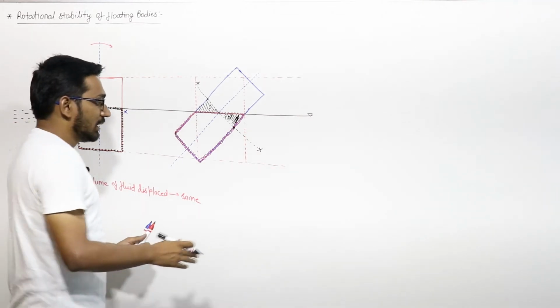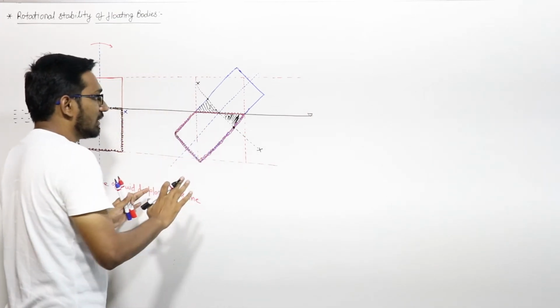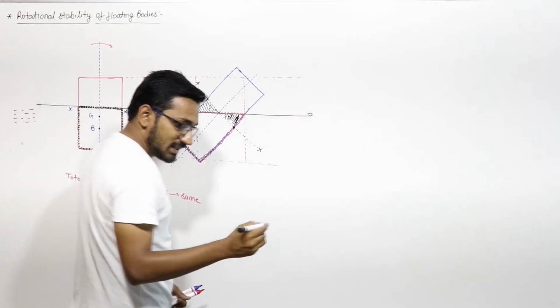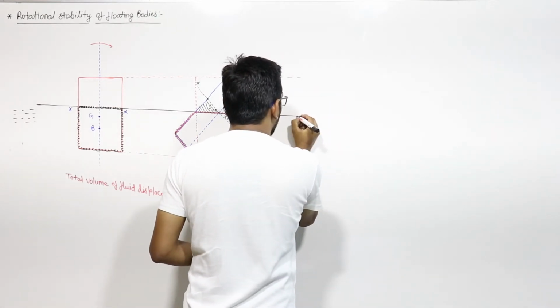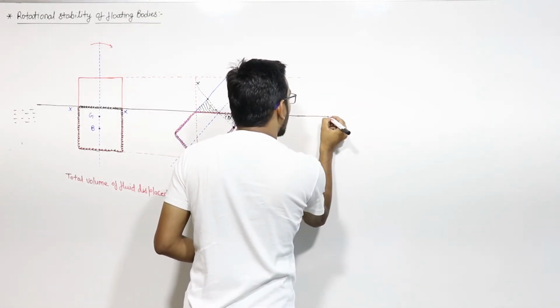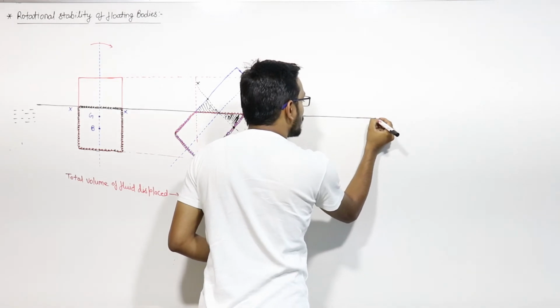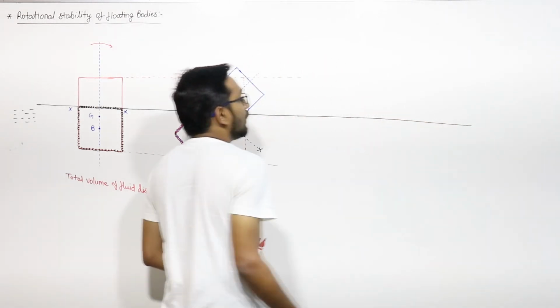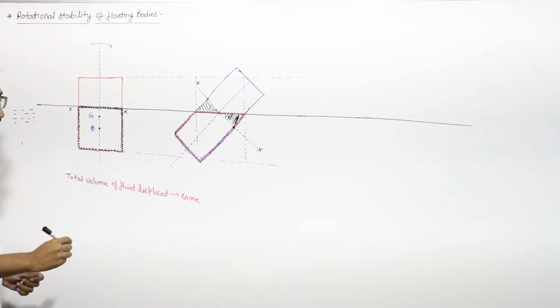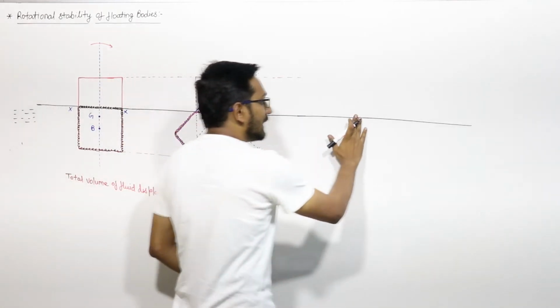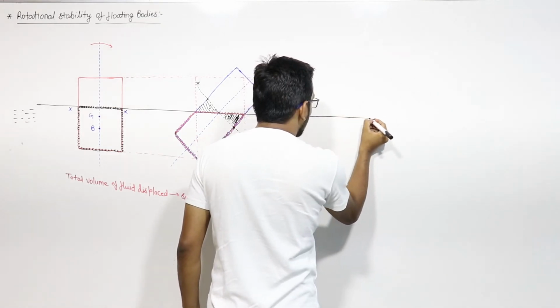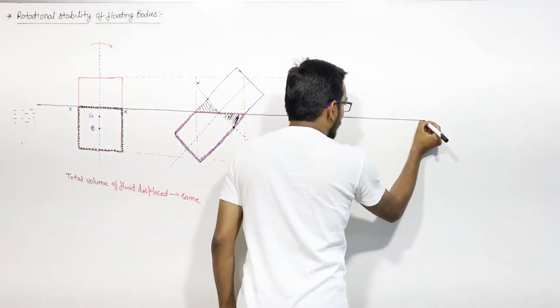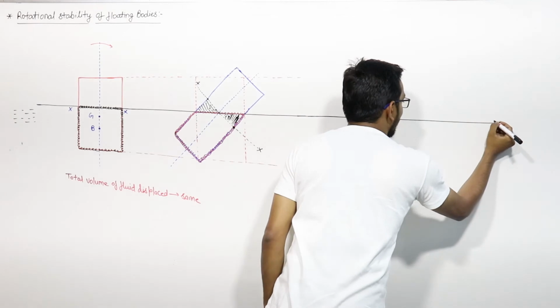Fine. This is for your understanding. Now we will see what happened. Same body, we will make it another diagram. I make this just to help you understand why the center of buoyancy is changing if you tilt the body when the body is partially submerged or floated, in case of a floating body, right?